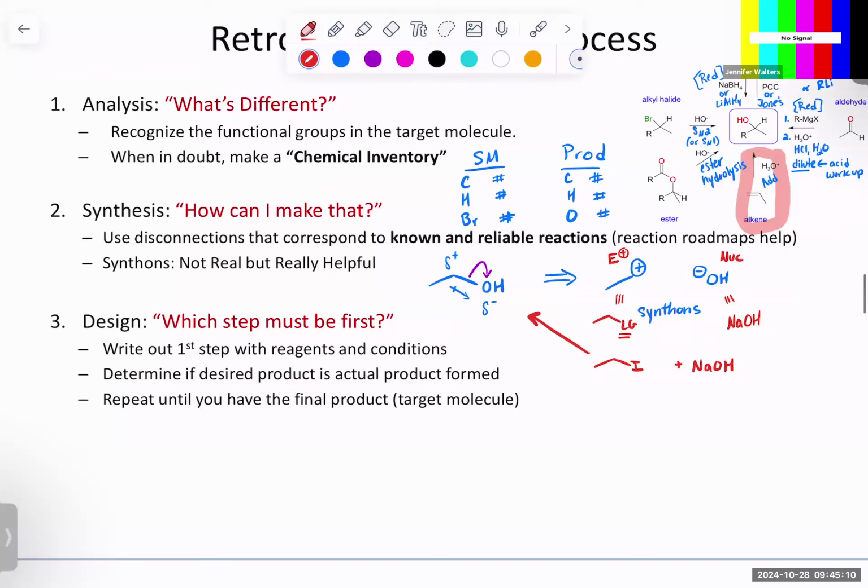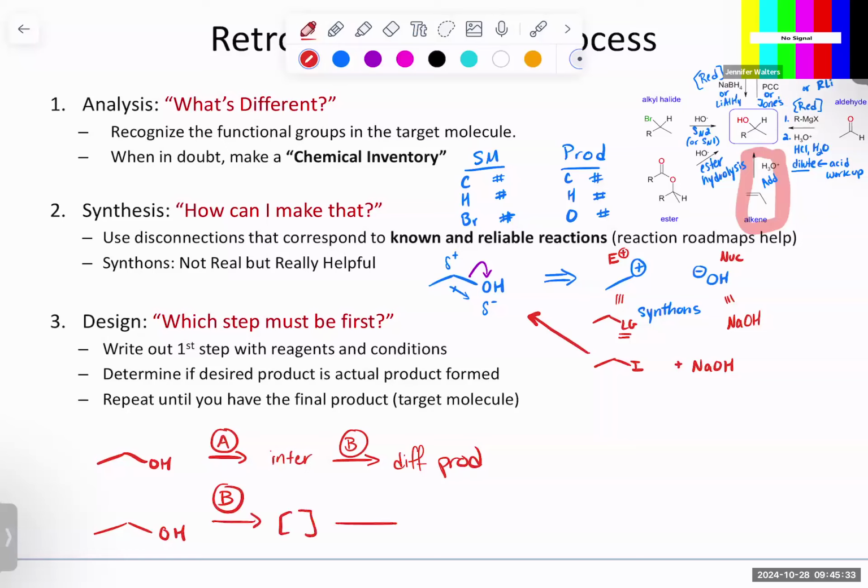So if I have this alcohol, and I do A first, that brings me to my intermediate. Then I do B, and I get a different product. Then I'm just going to switch the steps. I'll do B first, get my different intermediate, and then do A, and now I get my desired product.